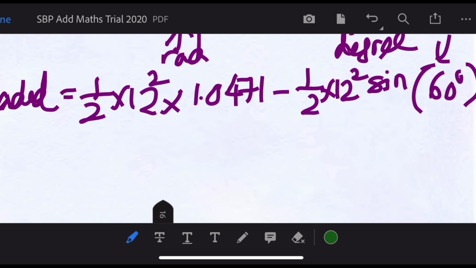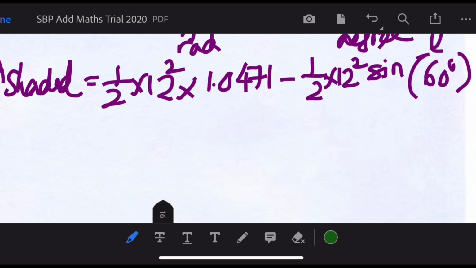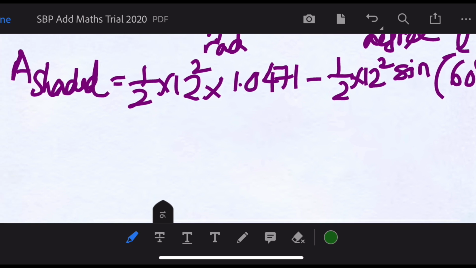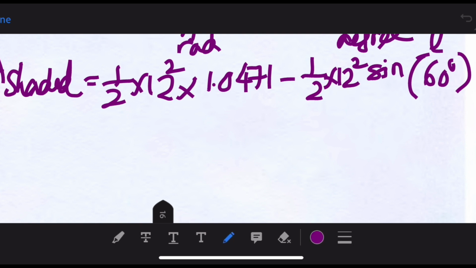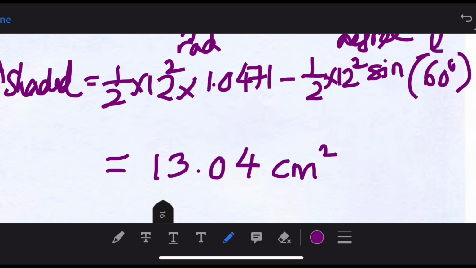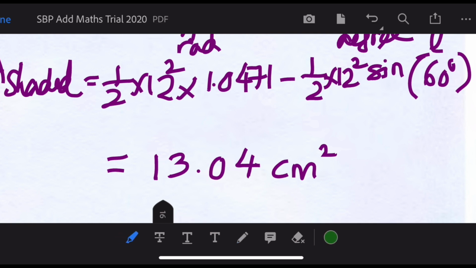Okay, so after you convert into degree, you can press your calculator directly, and you will get the answer accurately to 4 significant figures. So the answer should be 13.04 centimeter square. So please remember, it must be square. Make sure the unit is correct. Alright. Okay, so this is about the area of the segment. So the area of the segment is the area of the sector minus the area of the triangle.